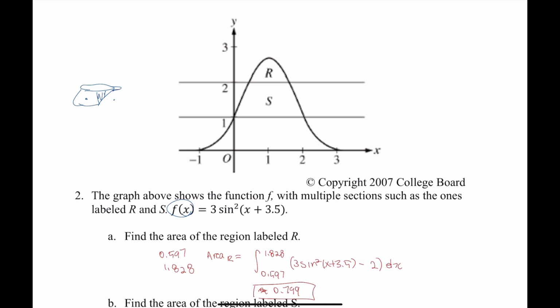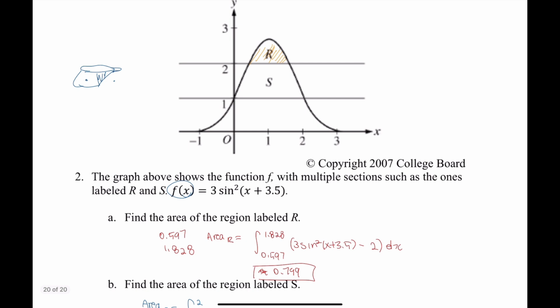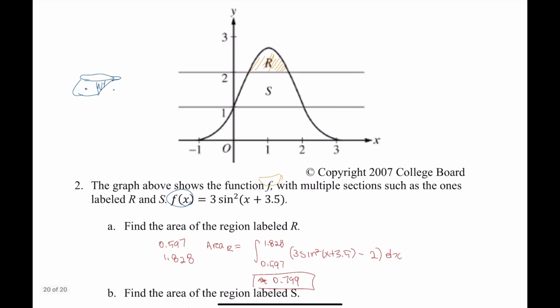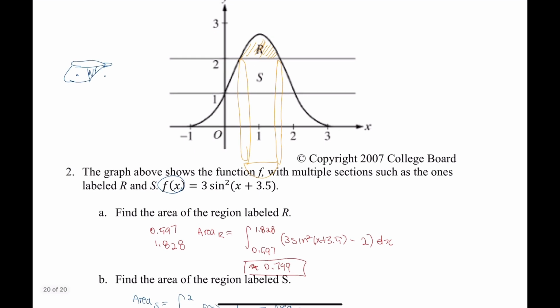Okay, and then we have R, and when this is revolved around the x-axis, it's probably going to form something like this. In this situation, I think S is being disregarded. This length is supposed to be the same as this length.